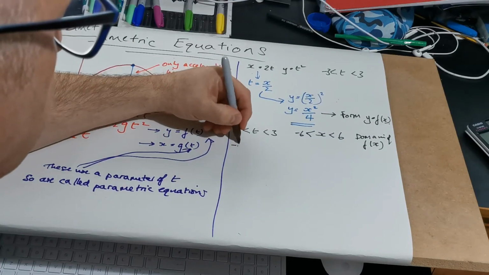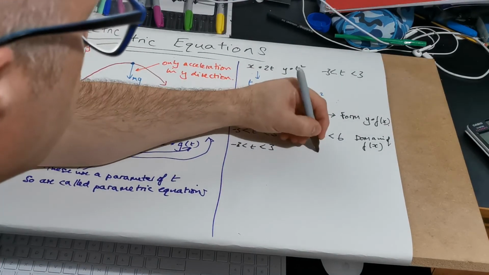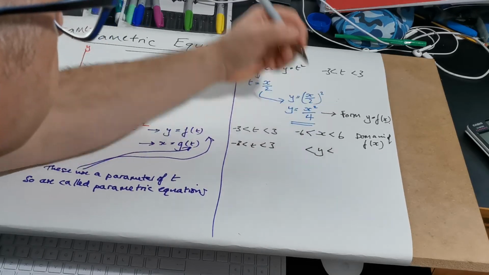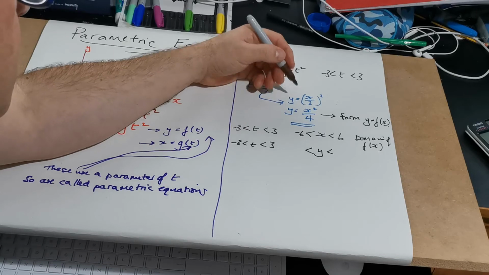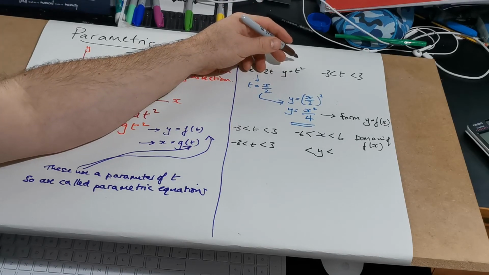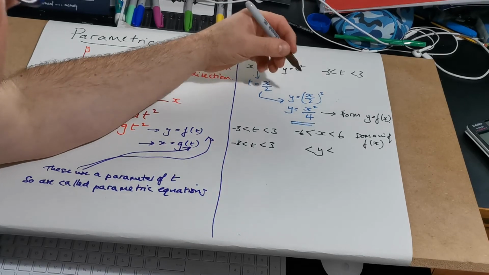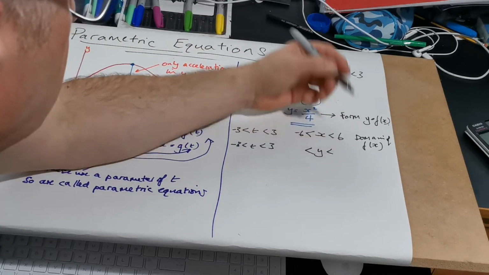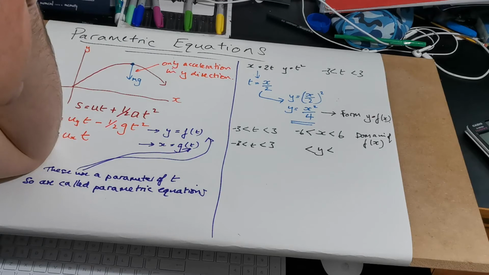And if t goes from -3 to 3, then y goes between, you'd expect it to be 9, wouldn't you?